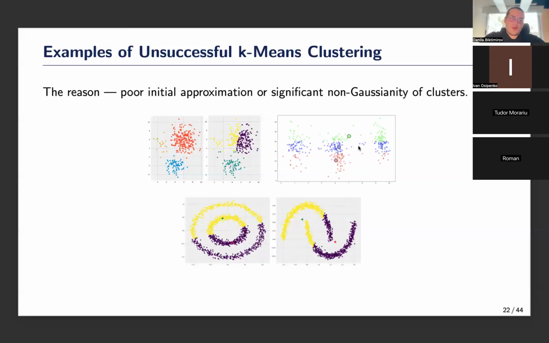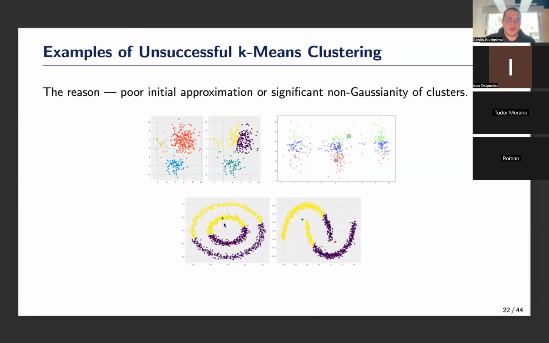For example, we have several different clusters in several different shapes. K-means works perfectly with clusters that can fit in one spherical cluster. For example, here we can have two circles.